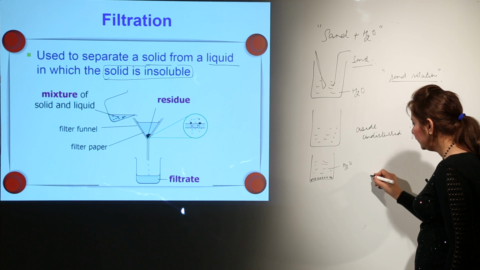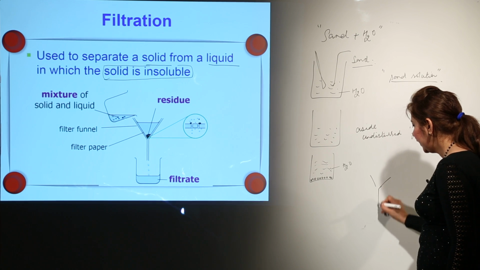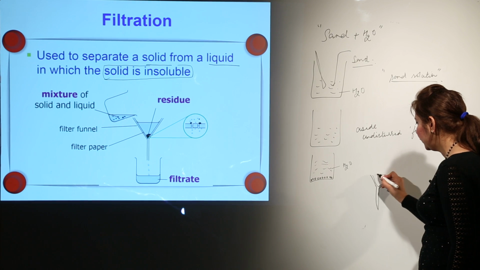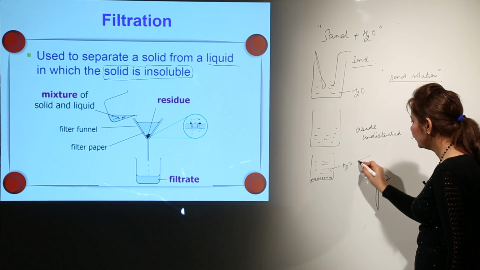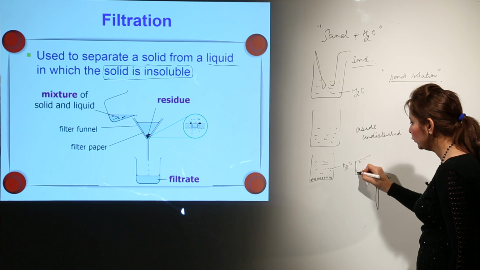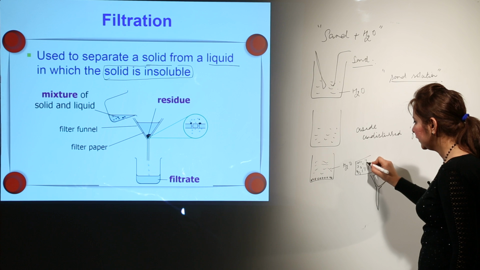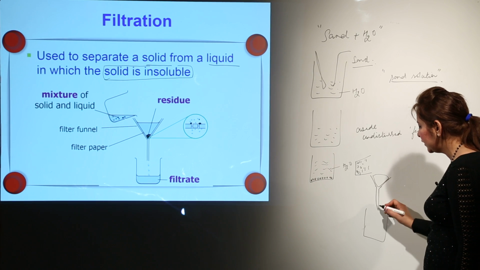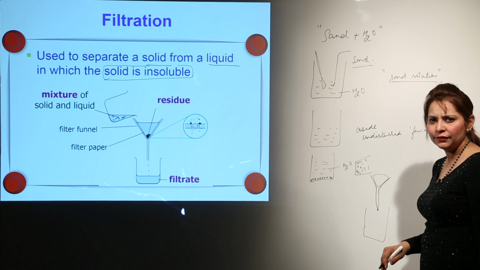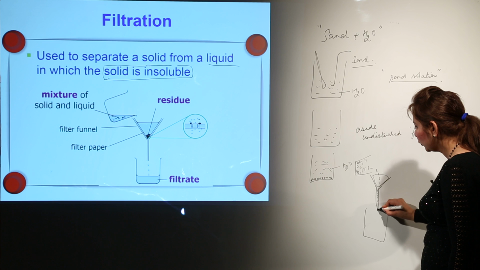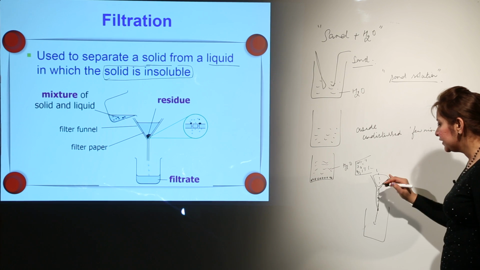I am taking a funnel in which I have used a conical shaped filter paper, and with the help of a beaker I am pouring this solution, which has the sand particles, and we have one more clean beaker kept below the funnel, right? So I am just pouring it.